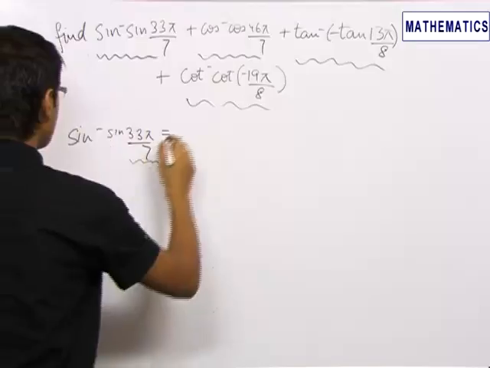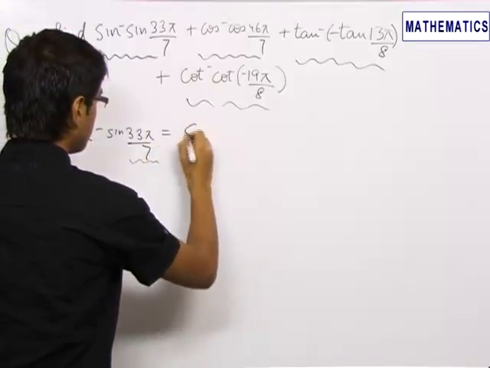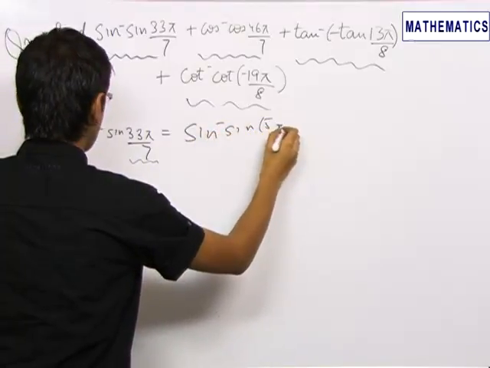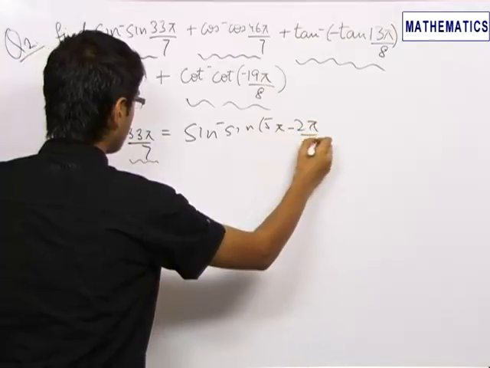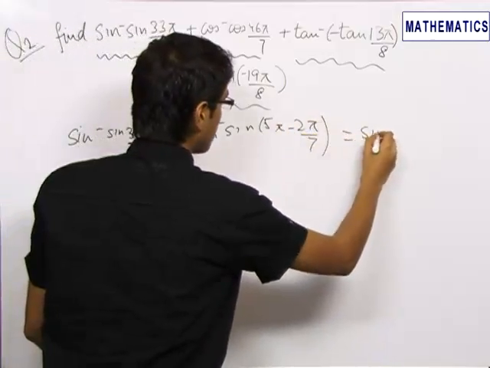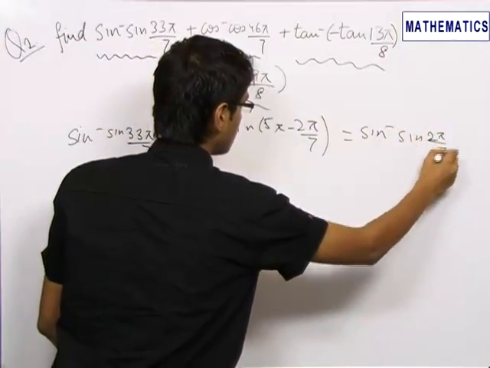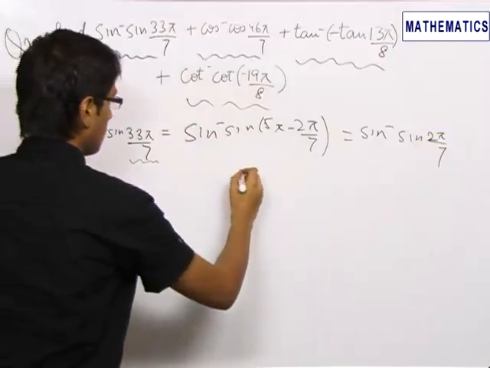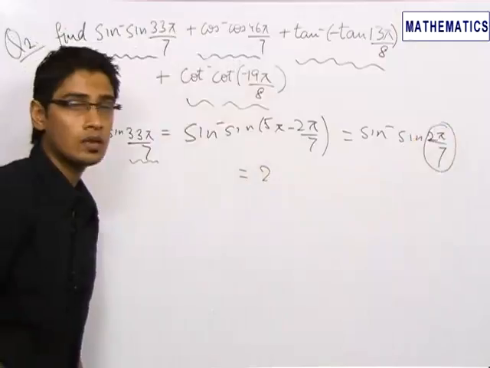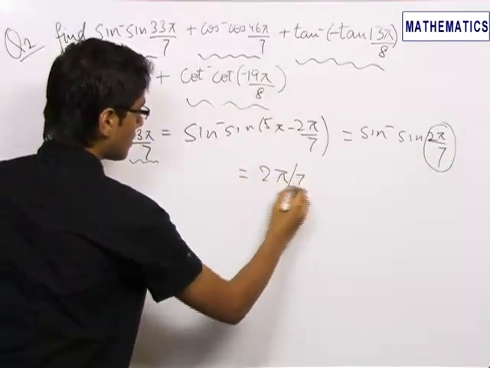So sine inverse of sine 33 pi by 7 is equal to sine inverse of sine 5 pi minus 2 pi by 7, which is equal to sine inverse of sine 2 pi by 7. Now this angle is in the range of minus pi by 2 to pi by 2, so this can directly come out of the sine function. So its value is 2 pi by 7.